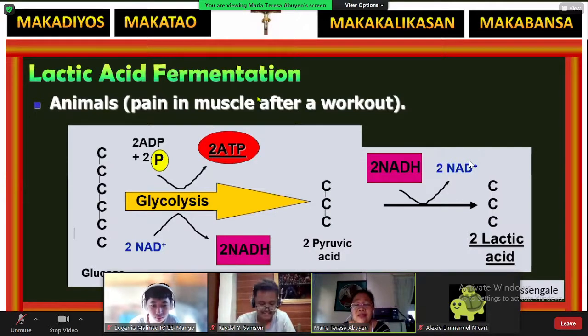And since oxygen is still not available, it will proceed to lactic acid fermentation. So it started with the glucose molecule undergoing glycolysis to produce pyruvic acid. Oxygen is not available in the cell, so it will proceed to lactic acid fermentation to produce 2 molecules of lactic acid.